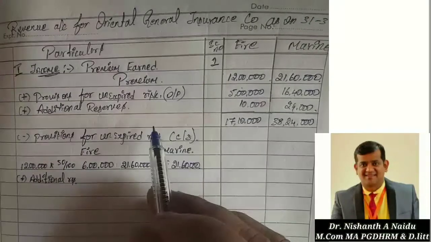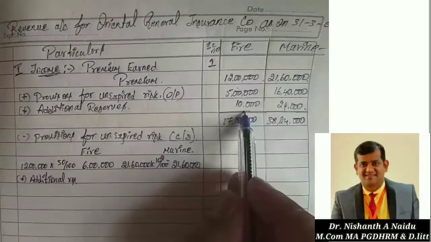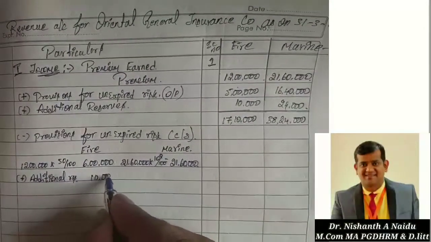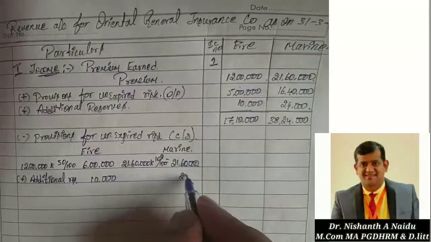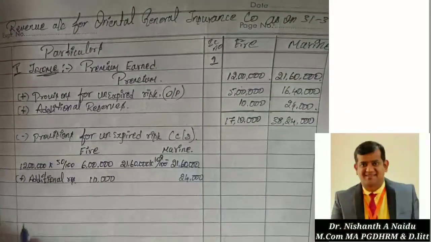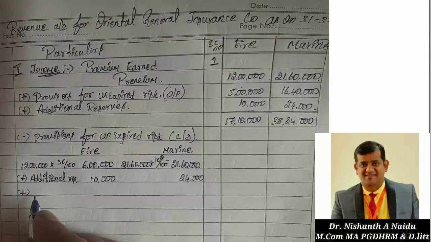So how much additional reserves? Check out. This is the additional reserve we have added: 10,000 for fire insurance and 24,000 for marine insurance. I have copied the same. So next add 5% on net premium, and that is only for fire, as said.